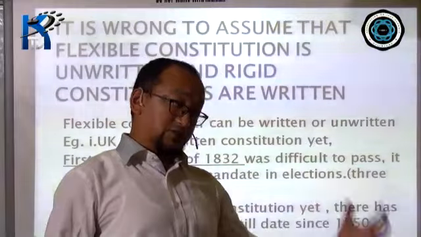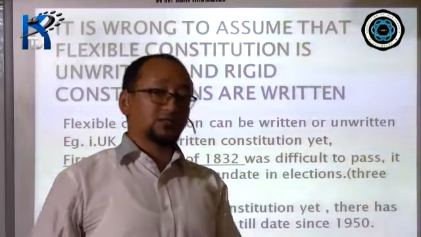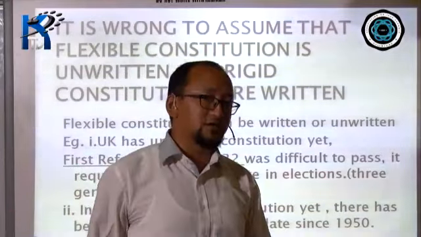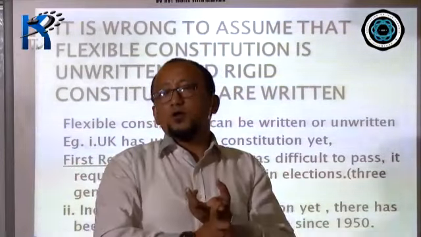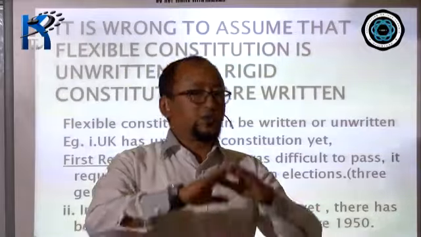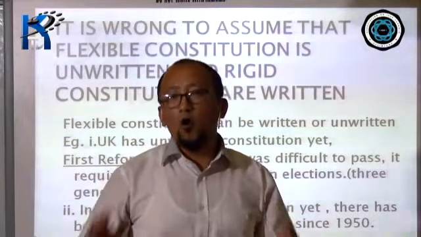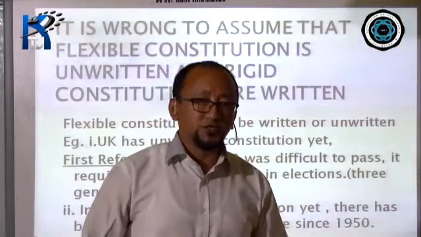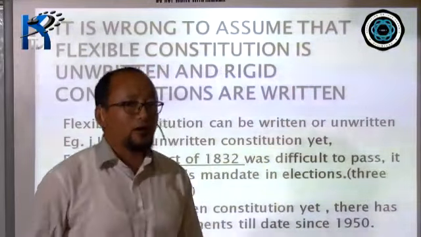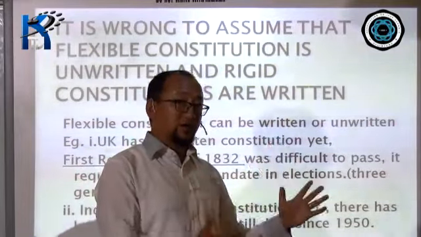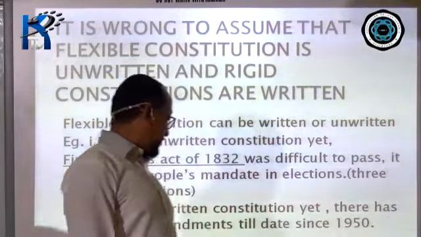That's a big number of amendments that we have had in India. So children, unwritten constitutions need not always be flexible, and written constitutions need not always be rigid. I hope that's all right with you. Now, children, these were certain points which you are expected to know. Now let's proceed further.